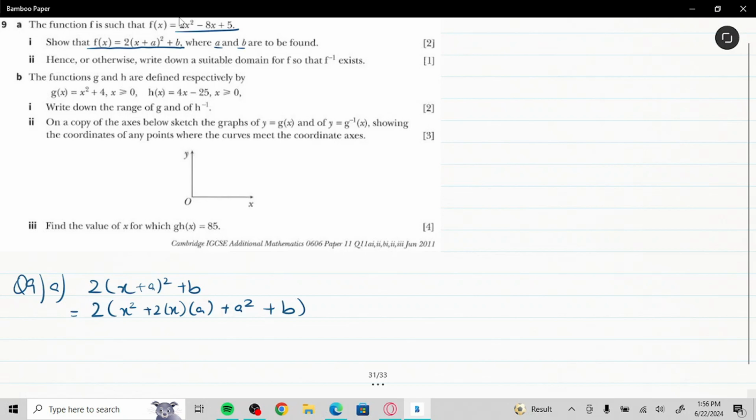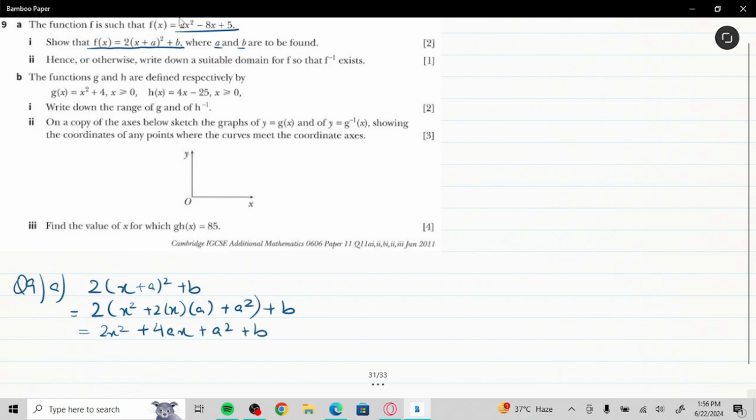And what we are going to do is 2x squared, something like this. 2x squared plus 4ax plus a squared plus b. Okay, now we are going to compare.